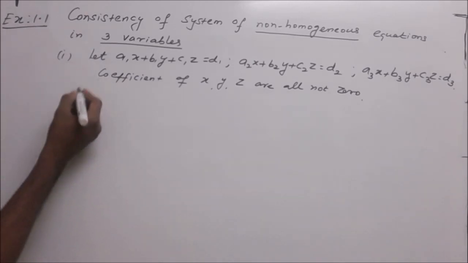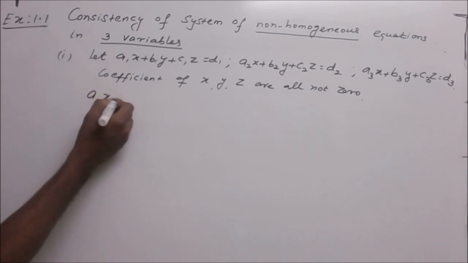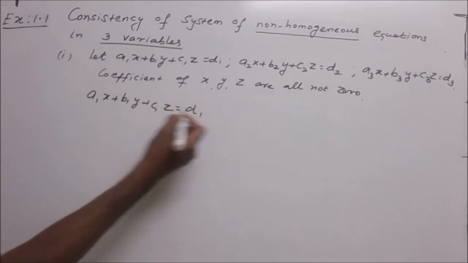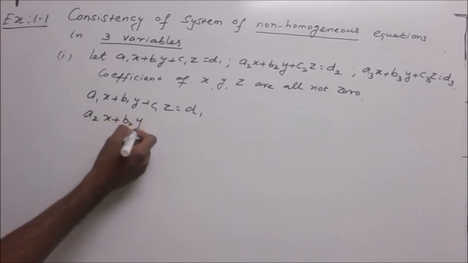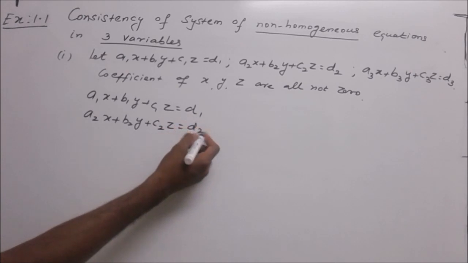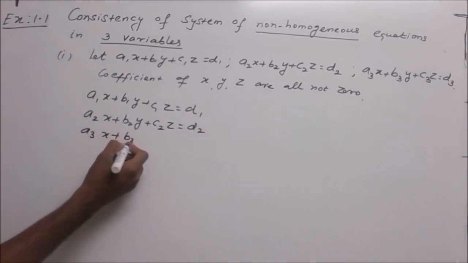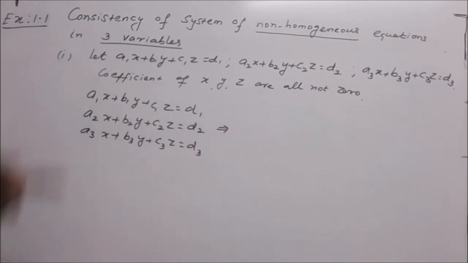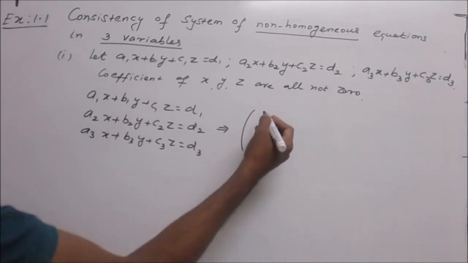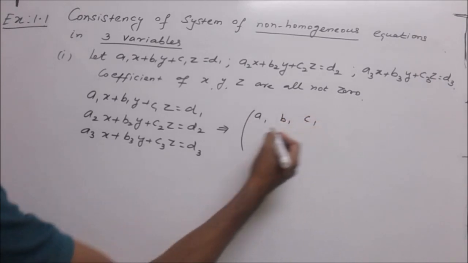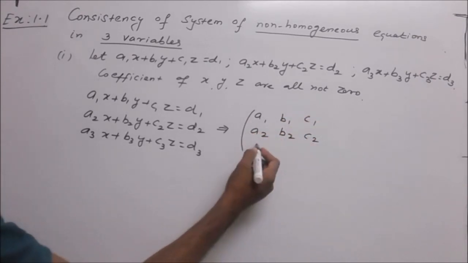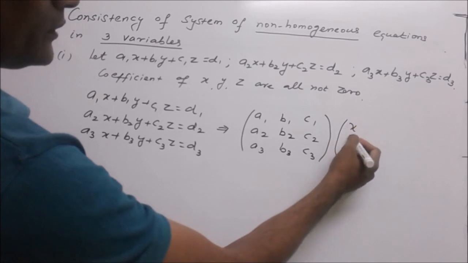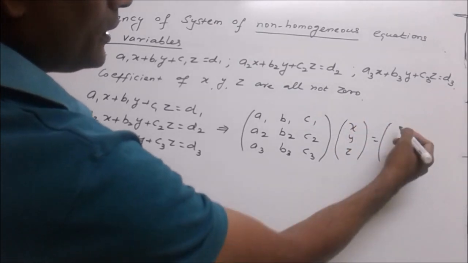The conversion to matrix form is: a1, b1, c1; a2, b2, c2; a3, b3, c3, into x, y, z, equal to d1, d2, d3.